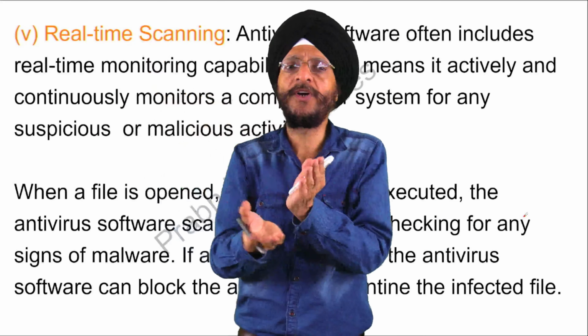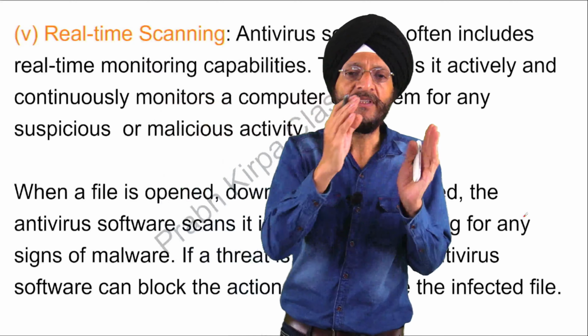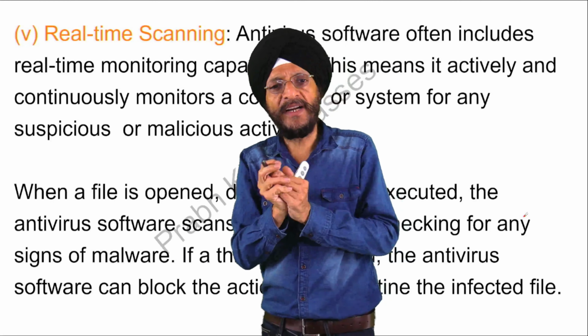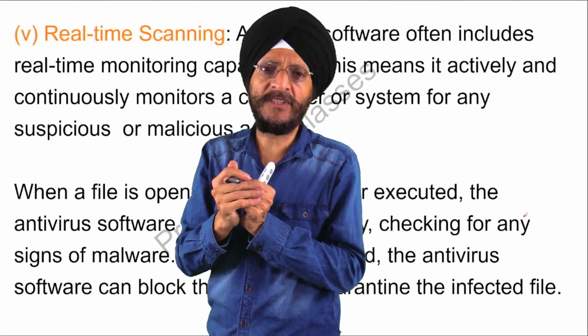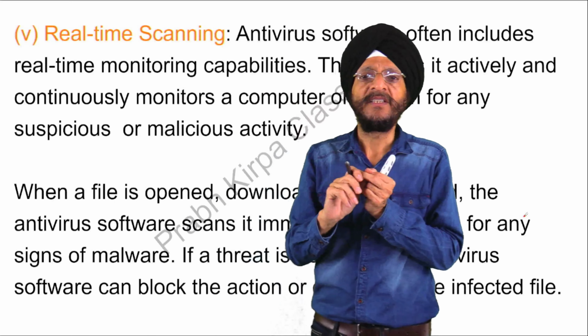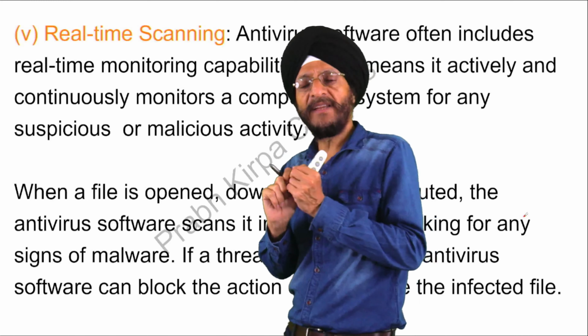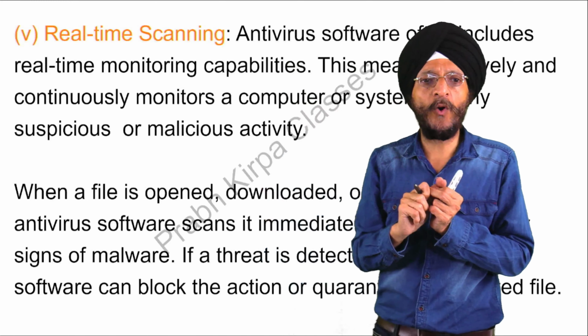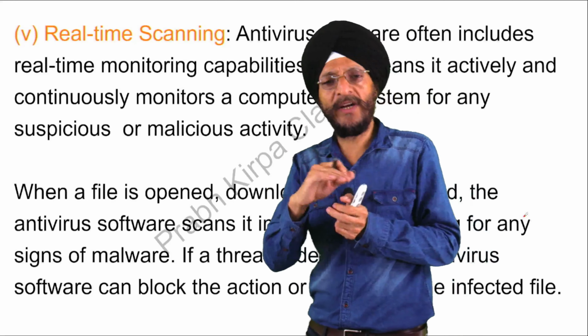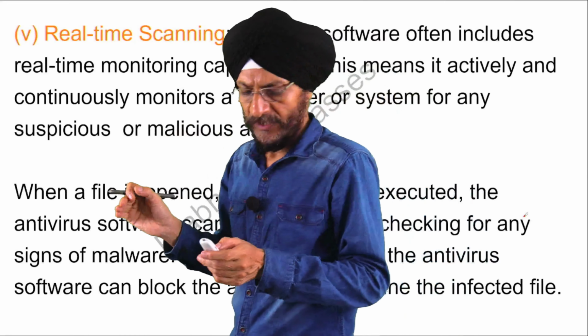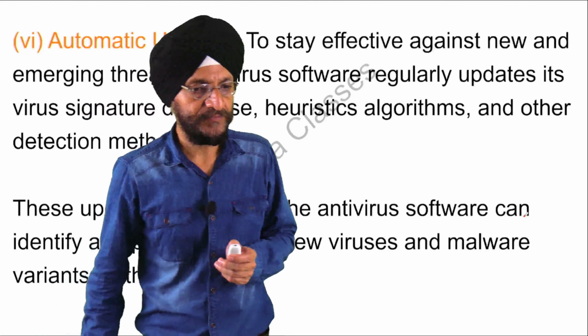If the antivirus software finds out that there is some threat or virus in the file which has been downloaded or opened, the antivirus software can block the action or quarantine or remove the infected file.